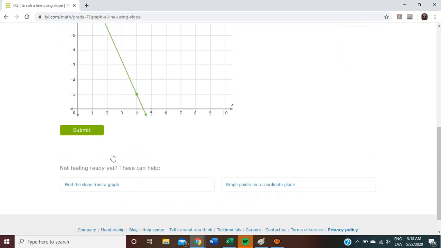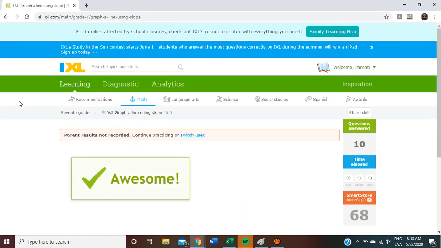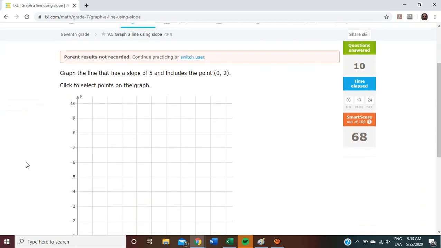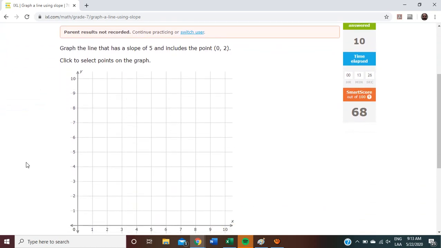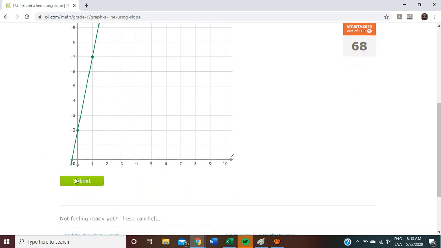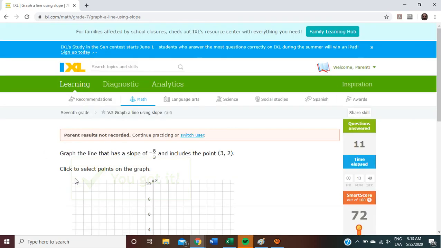I think it is pretty easy because you don't have to do operations, you don't have to think if you have to multiply or divide or anything like that. So this is the last one that I'm going to do. (0, 2) and a slope of 5. 1, 2, 3, 4, 5, and 1 to the right. Submit, and you got it.